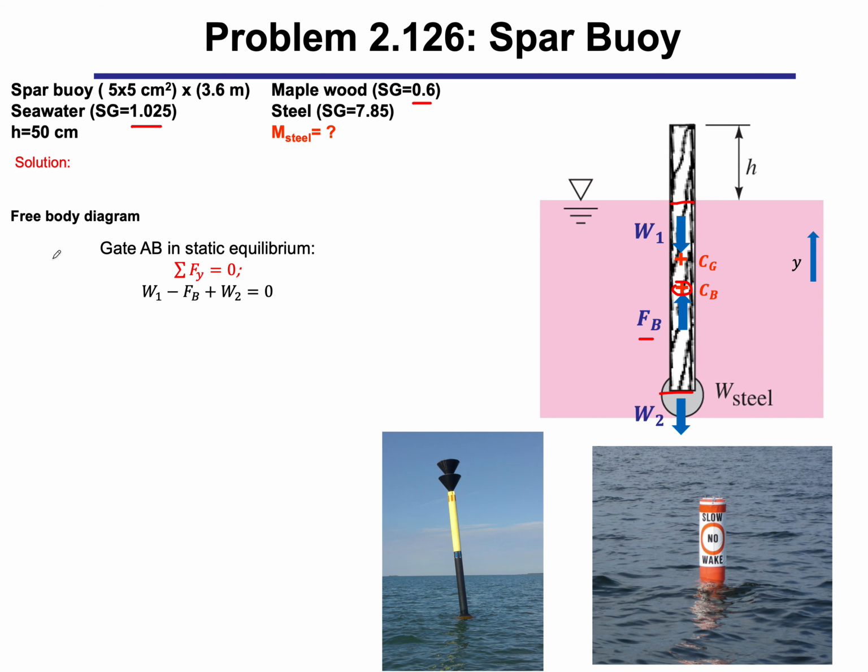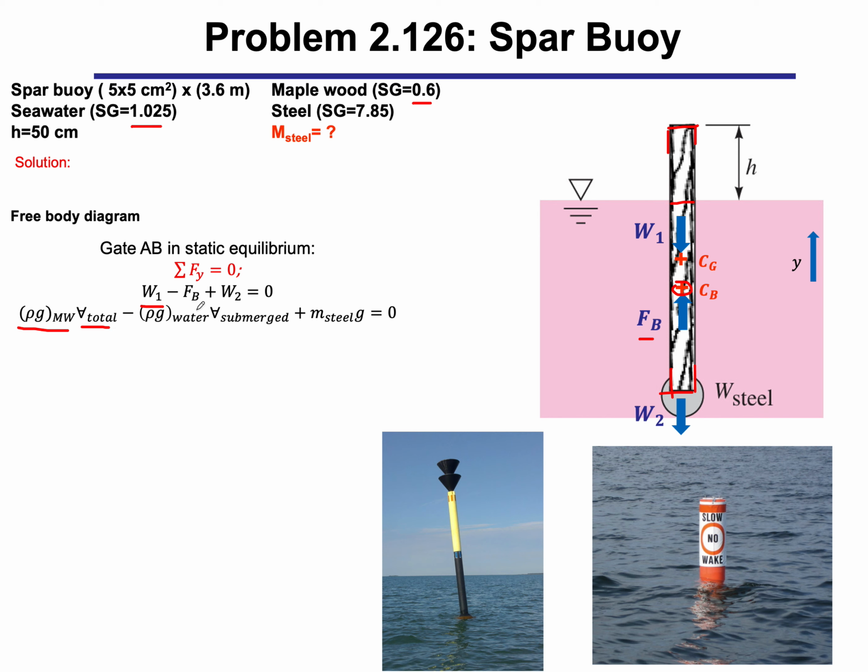And then we substitute for the weight. The weight is just, that's the wood. So it's the density of the wood, maple wood, multiplied by the total volume of the maple wood, rho g, times the total volume. The total volume is this whole volume from here all the way to the bottom. So it's the whole 3.6 meters that contributes to the total volume.